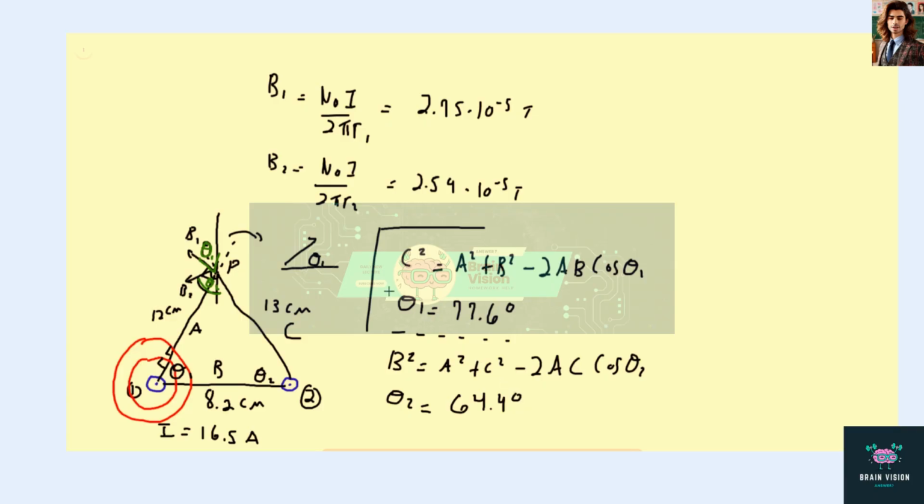Okay, so now finally we have the magnitude of these two fields, and the angle each one makes. So we want to now find the net field, and we'll just do this in components right away. So we'll say B net in the x direction.